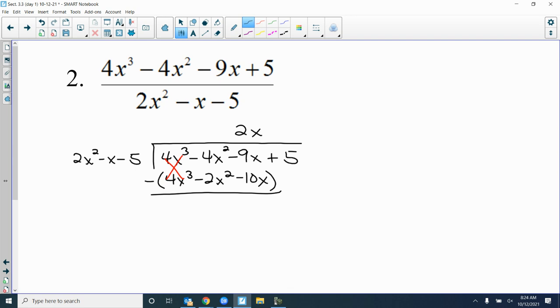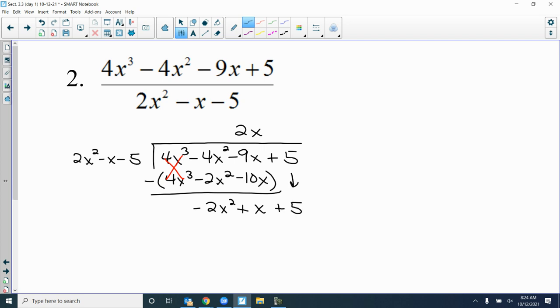Just think about it as negative 4 plus 2, which is minus 2x squared. That's going to become a plus 10x. So you got negative 9x plus 10x, which is plus x. And then we bring down the plus 5.